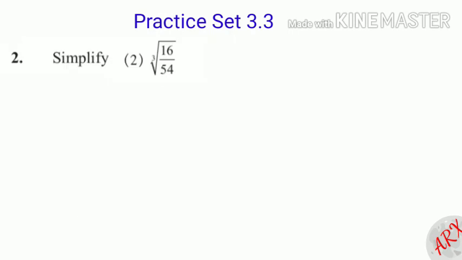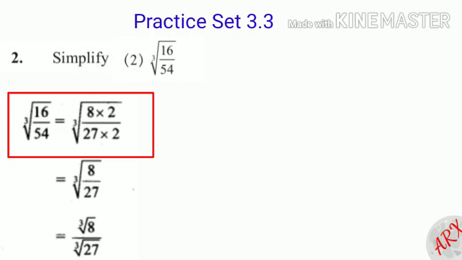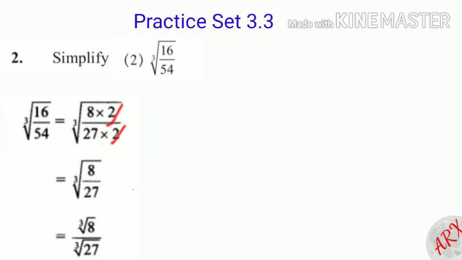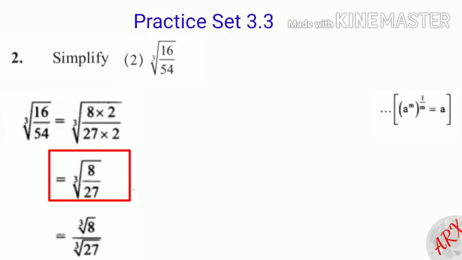Question number 2. Cube root of 16 upon 54. Now first we will put factors of 16 and 54. So we will get cube root of 8 into 2 upon 27 into 2. 2 will get cancelled. So we will get cube root of 8 upon 27. As we know 8 is the cube of 2 and 27 is the cube of 3. So we will arrange the equation.